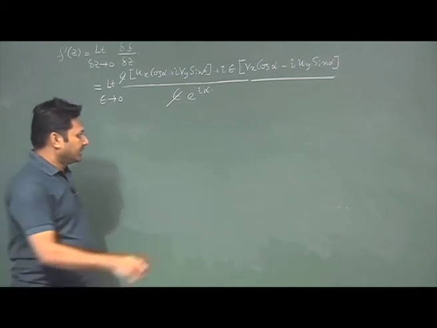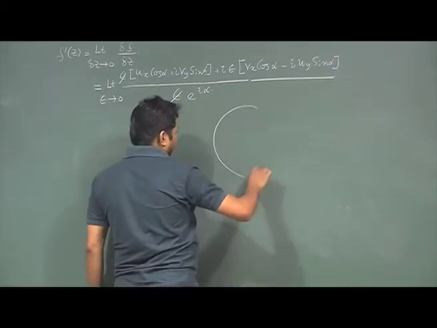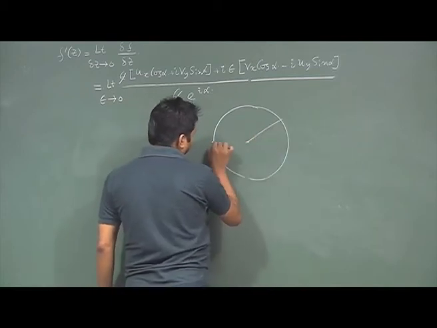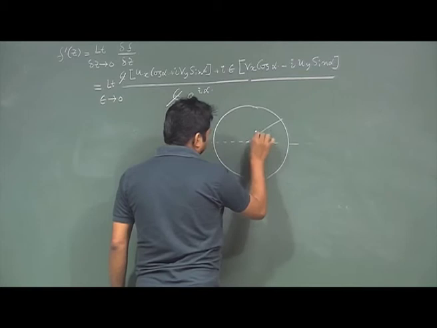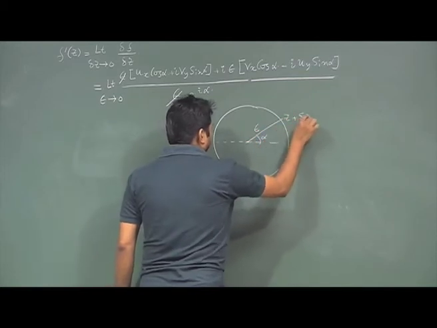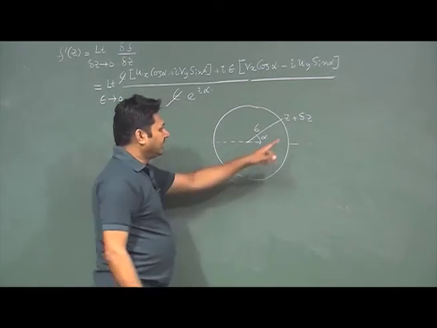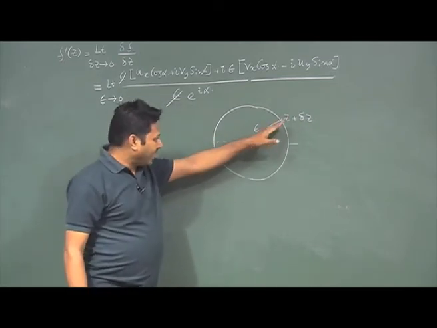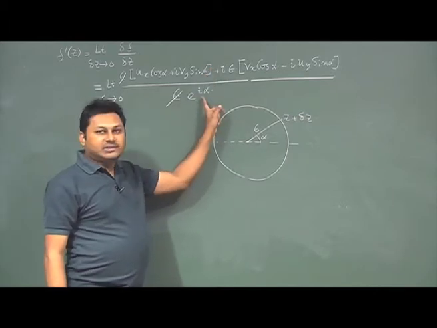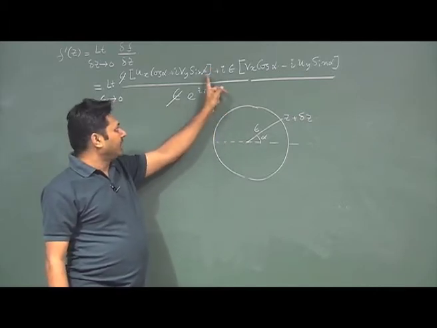Let me try to understand once again. This was the case, this is epsilon, this is alpha, this is z plus delta z. I try to make this delta z 0, and my approach now depends on alpha here. So, downstairs we have one alpha and upstairs we have one alpha.